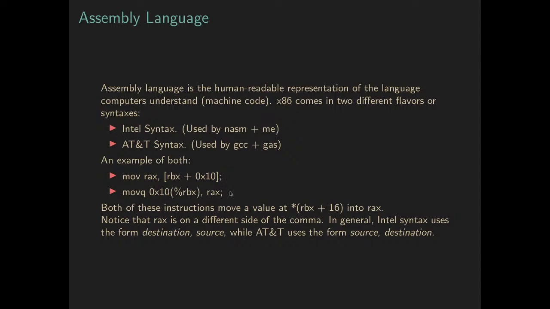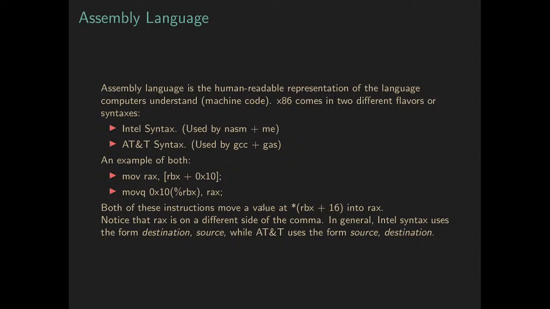The major difference between the two syntaxes is that in Intel you have destination and source, while AT&T is source and destination. An easy way to remember how Intel syntax works is to think of it like an equal sign, as in any other language. So RAX is equal to this value right here.